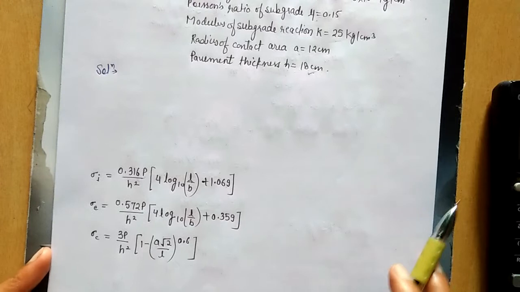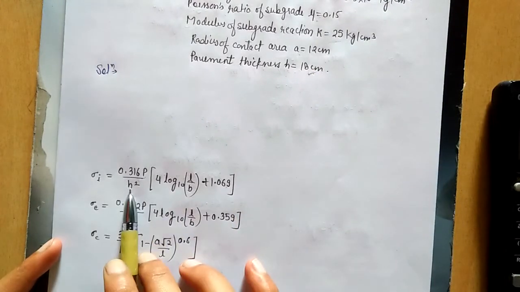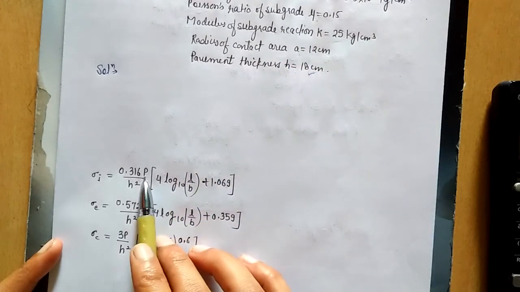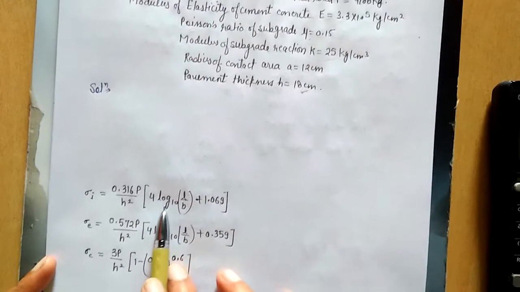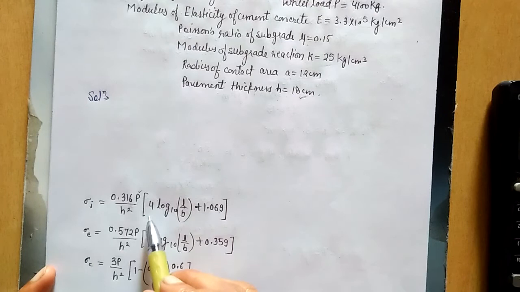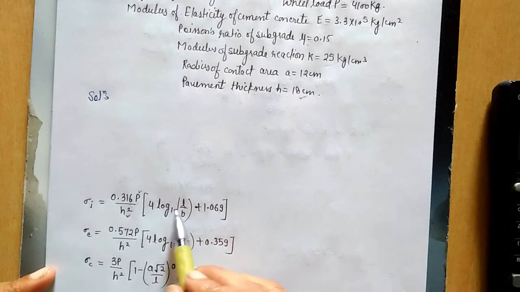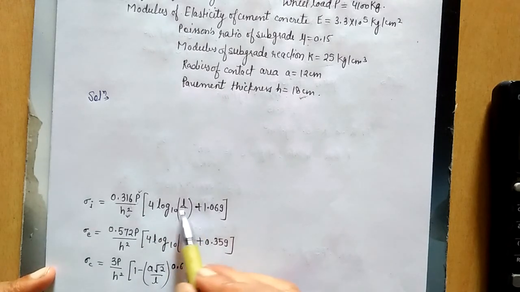For this question, the unknowns in these equations are: the load P is given, and h is given, the thickness of the pavement. But what are l and b here? It is not mentioned in the question.